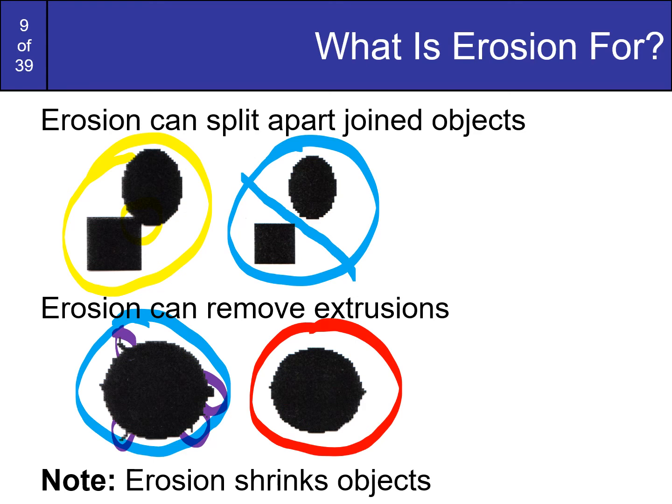So in conclusion, we can say that erosion shrinks objects, and this is useful for splitting apart joint objects and also to remove extrusion.